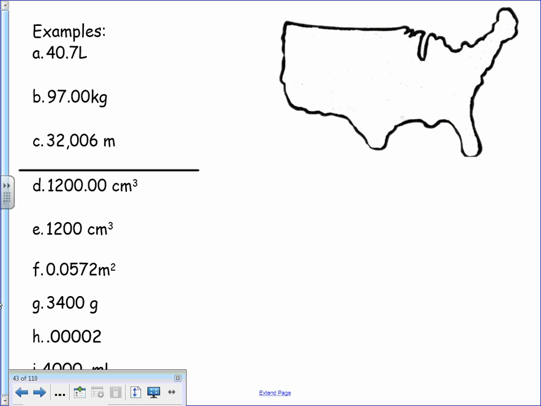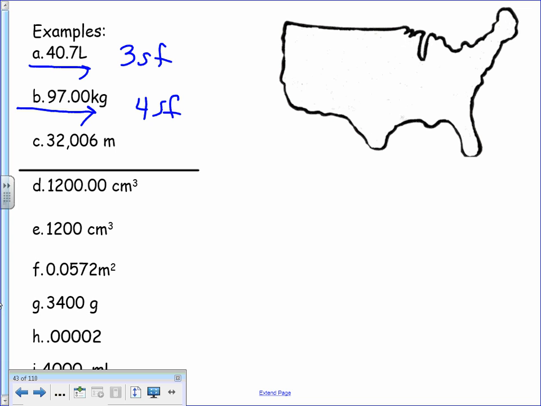Okay, so look at A. Takes less than 5 seconds. Decimal is present. Start from the Pacific, and you say 1, 2, 3. 3 sig figs. Good. Decimal is present. Start from the Pacific. Count. 4, right? 4 sig figs.